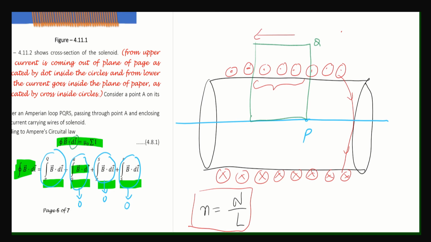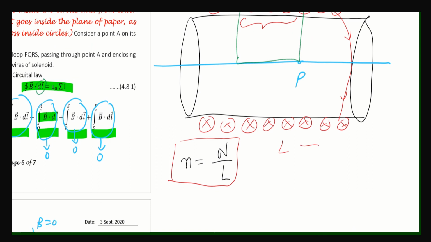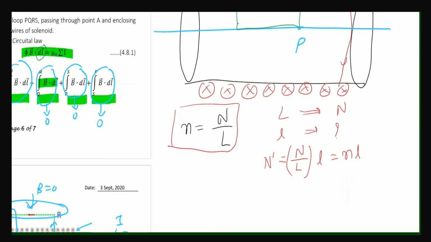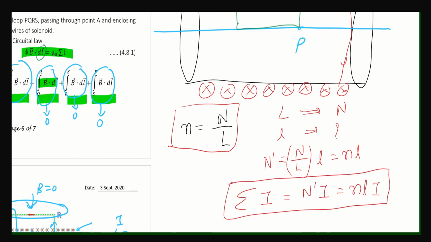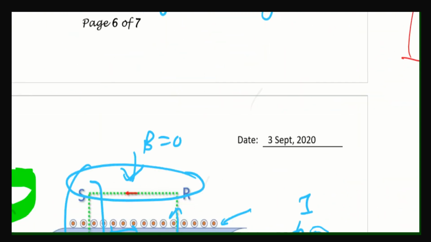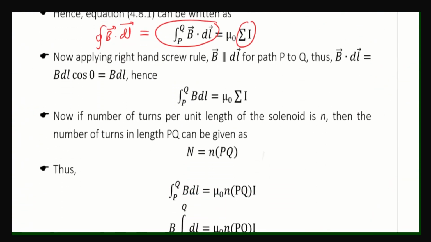Suppose the length is L, and n is the number of turns per unit length. Then the number of turns n prime is n into L. And then the current sigma I can be written as n prime I, or n L I. This is the total current enclosed by the Amperian loop, and that is what we will be using here.